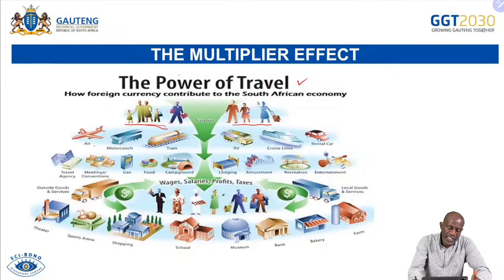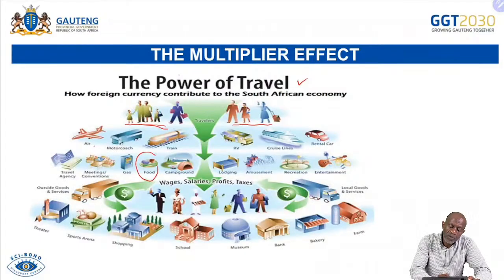Grade 12 learners, they also use the services of a travel agency to prepare for their journeys or for their trips. They need to use facilities such as halls, such as convention centers for their meetings, and they pay some money.